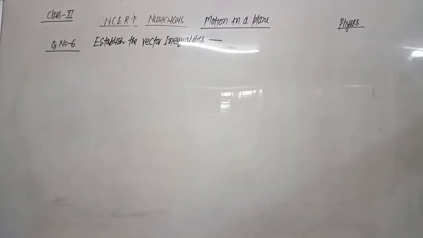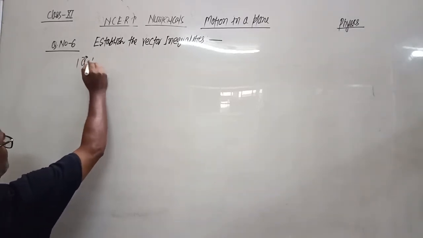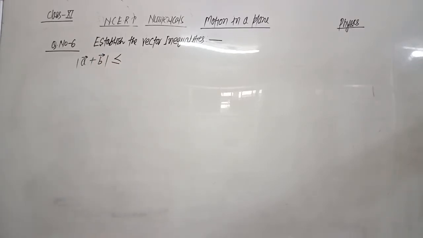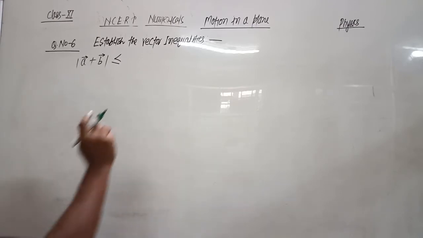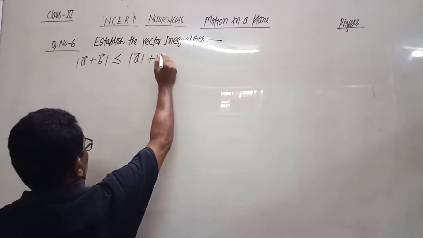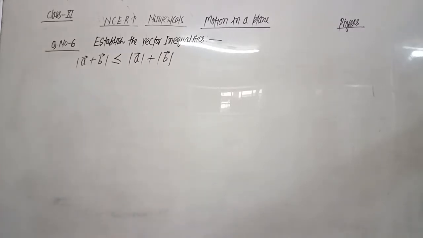The first is magnitude of vector A plus vector B is less than or equal to magnitude of vector A plus magnitude of vector B. This is the inequality, and we have to establish these inequalities geometrically or otherwise.